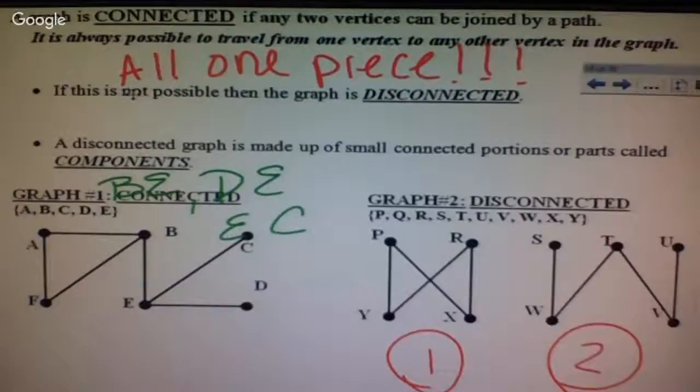If I get rid of the line that connects D to E, D is all by its lonesome, and that splits it into 2 graphs. If I get rid of the line E to C, C is all on its lonesome, and that becomes 2 graphs. If I get rid of B to E, this little angle here would be all by itself, and this triangle here would be all by itself. So that's what makes those bridges. Okay, does that make sense?